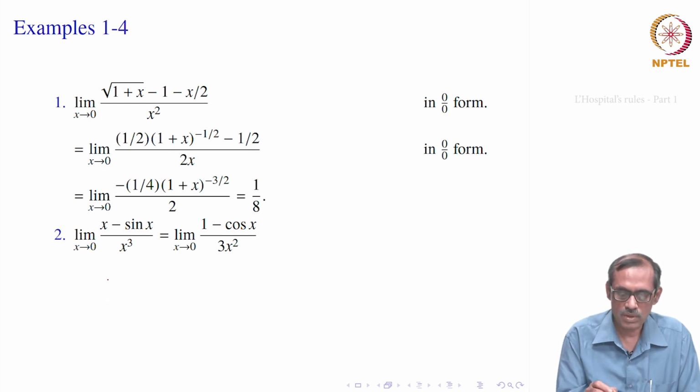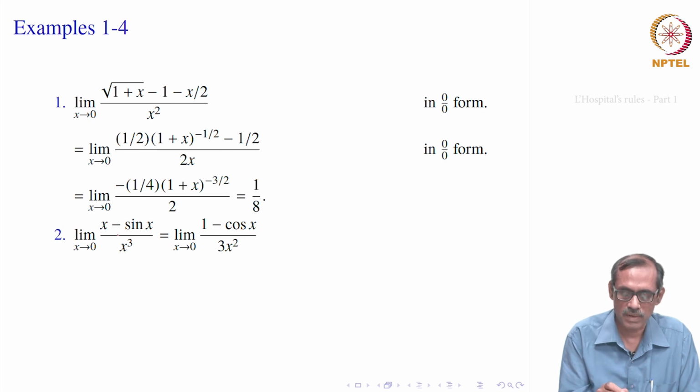Okay, so now we can see that the limit can be evaluated since the denominator is not 0, right. So, when x goes to 0, 1 plus x goes to 1 and the power is minus 3 by 2 there.